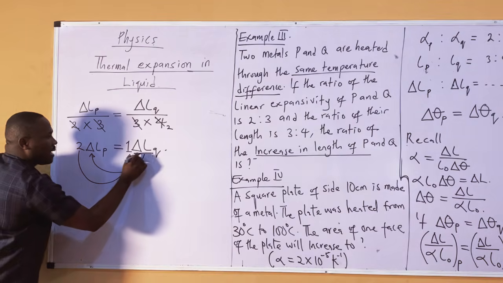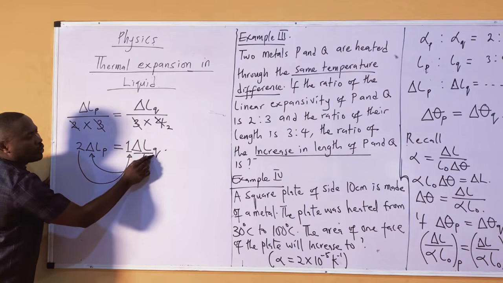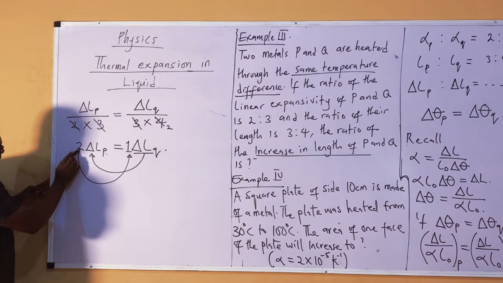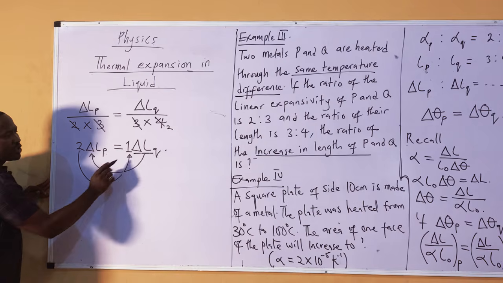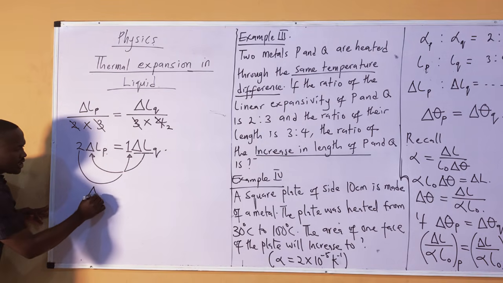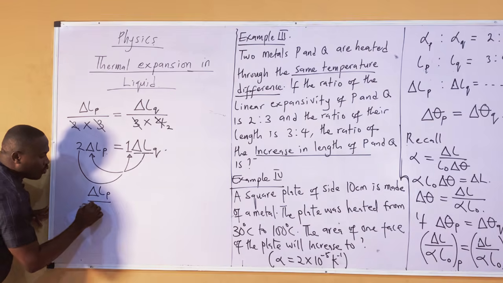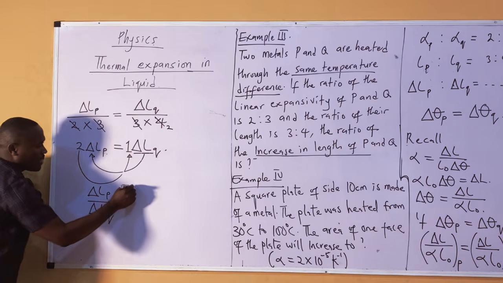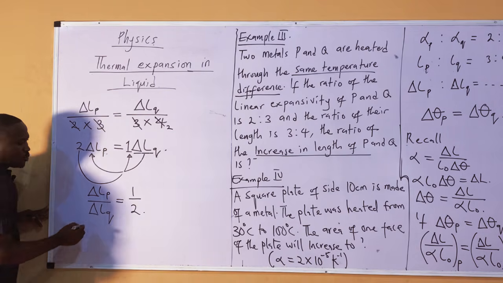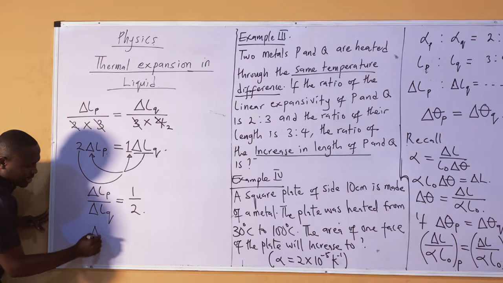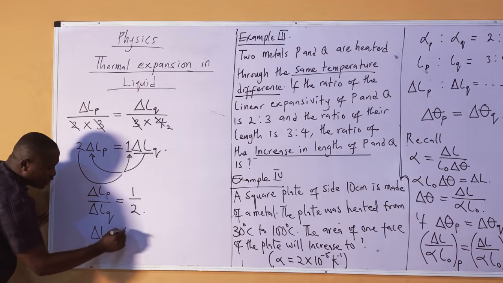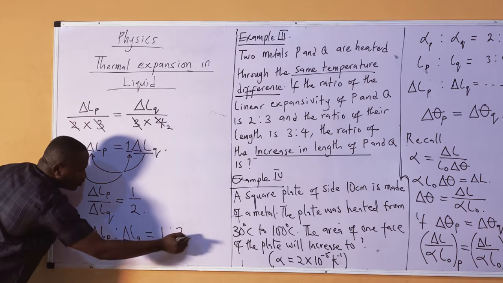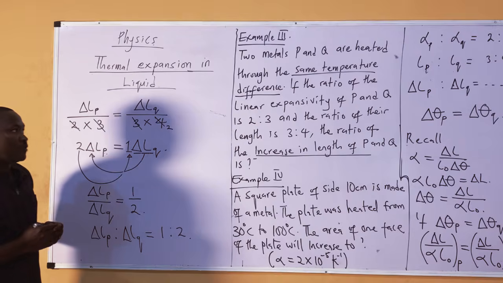Remember, I'm trying to bring change in L of Q to come under change in L of P. Then this 2 will go under the invisible 1. So change in L of P over change in L of Q is equal to 1 over 2. That means change in L of P to change in L of Q is 1:2. That's the final answer for question number 3.